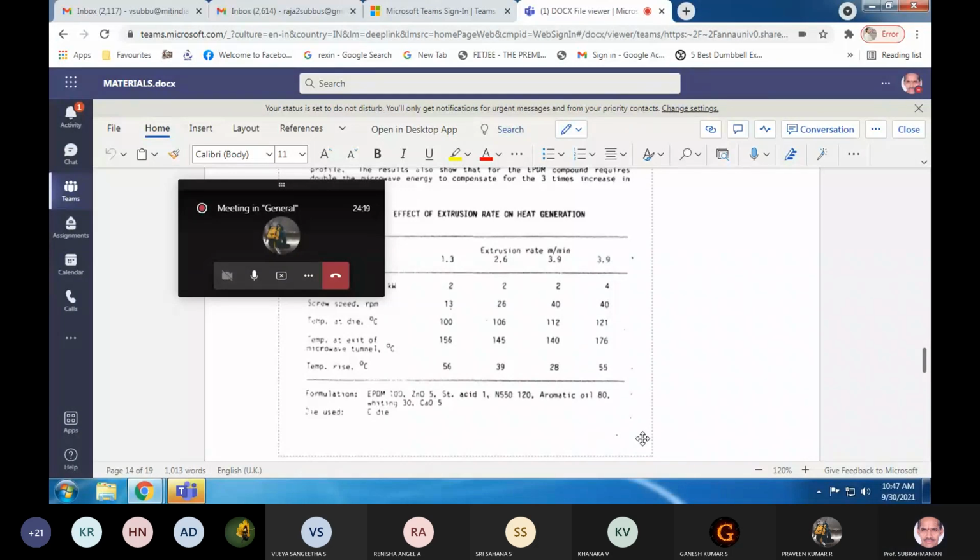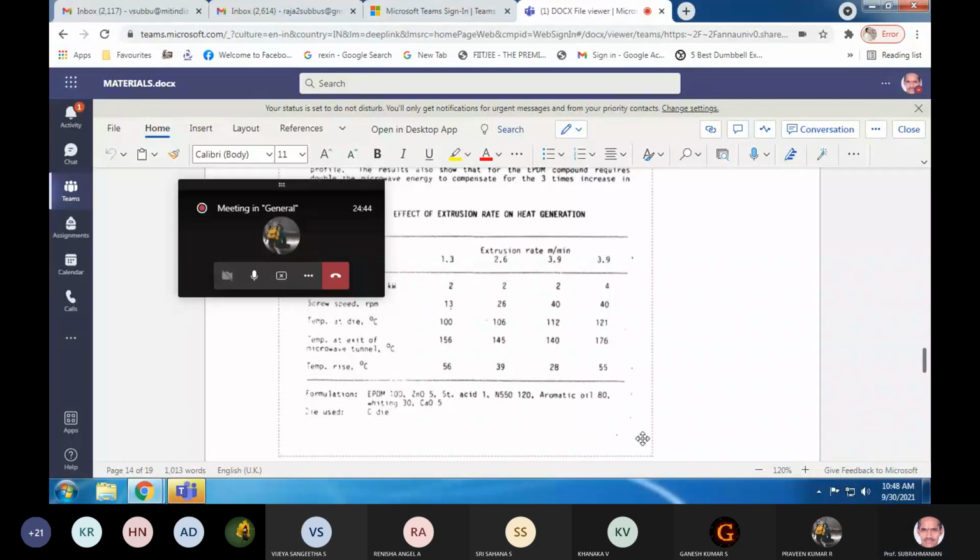Why? Right? The answer lies in the process. What is the process? Microwave radiation. And aromatic oil contains the unsaturates.